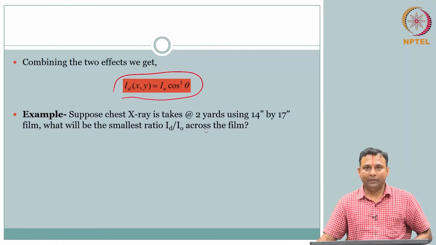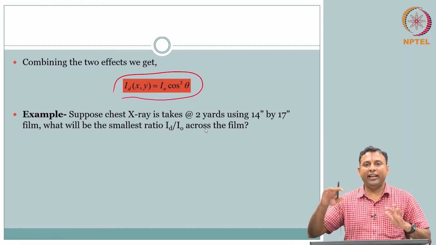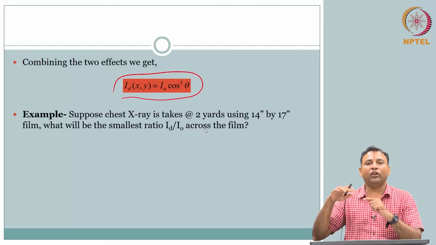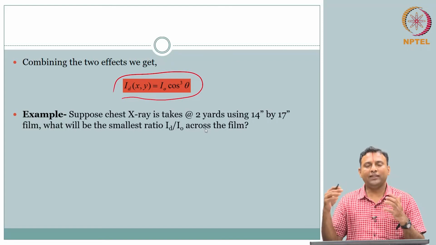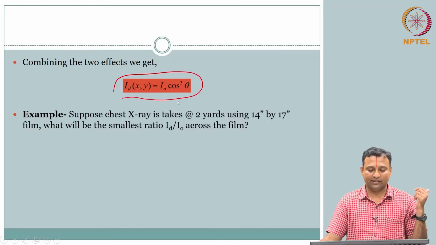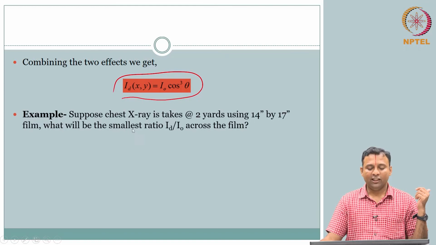That means you are saying that it is varying from the center in the form of cos cube theta. What is the maximum variation? That is what in some sense this is asking, right. What will be the smallest ratio? Smallest ratio means you will have the maximum variation that you can expect.